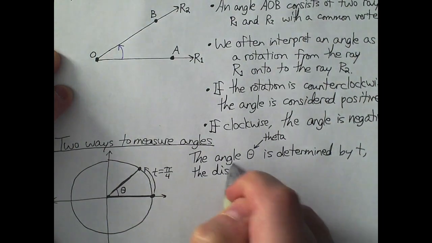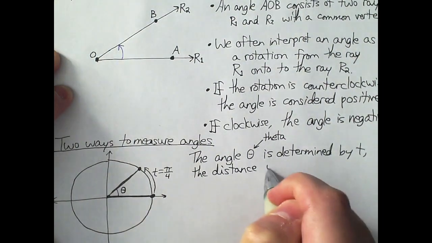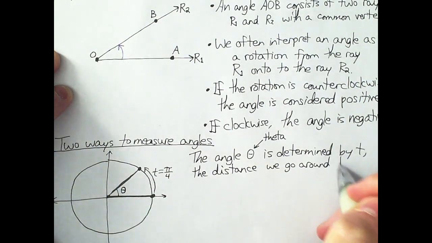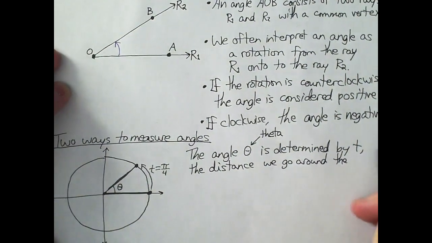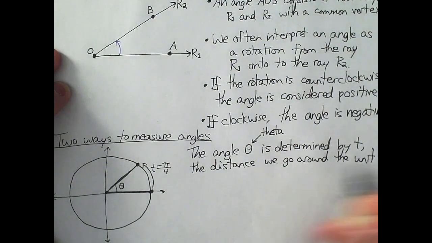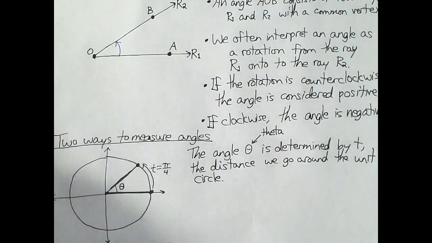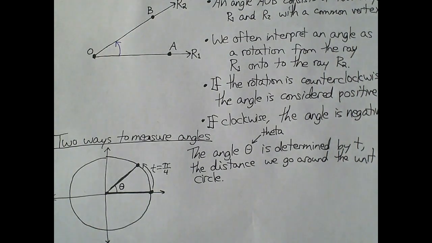The distance we go around the unit circle, right? If we go a larger t value, then it feels like we have rotated further and gotten a larger angle. If we have a small t value, it seems like we have a small angle.